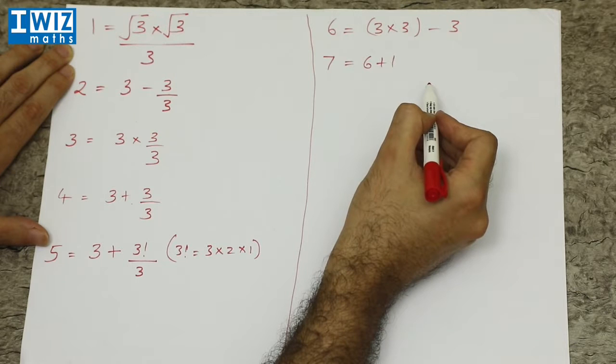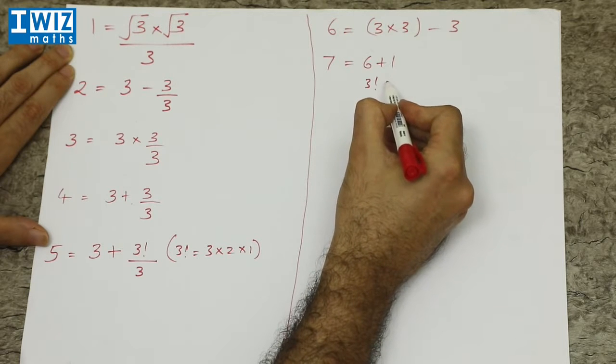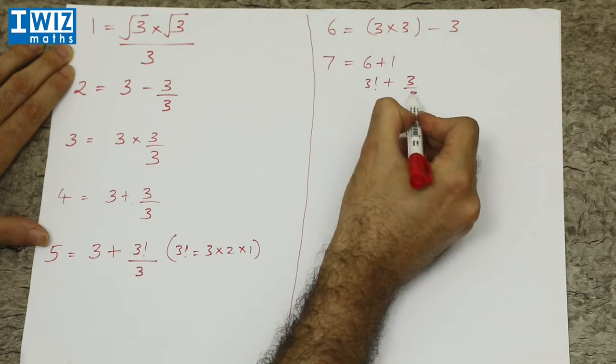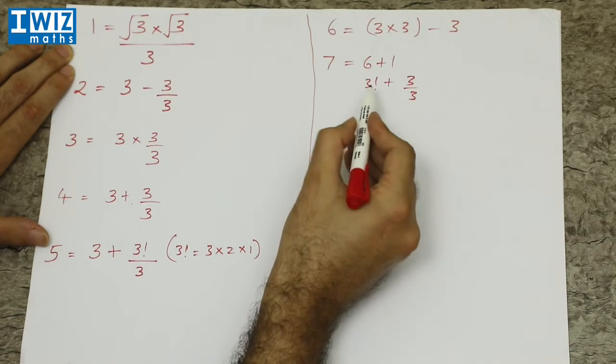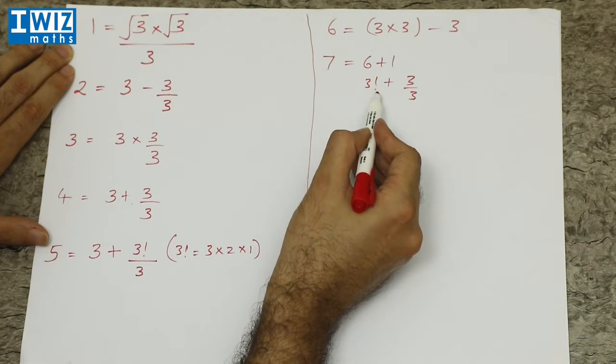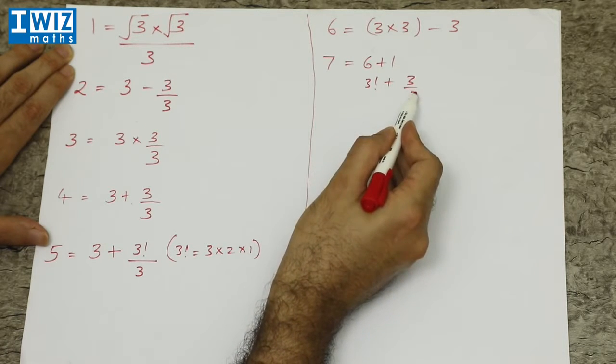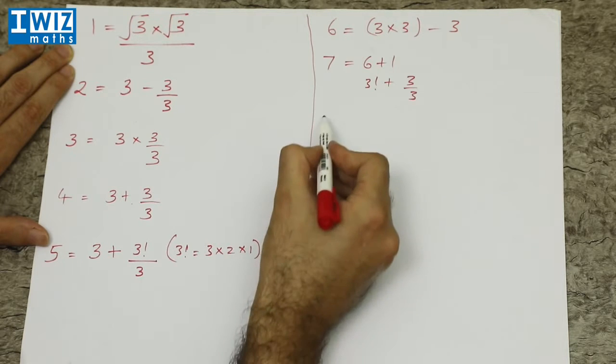So 6 can be obtained by 3 factorial. So that is 3 factorial plus 3 divided by 3. So recall that 3 factorial is just 3 times 2 times 1. So that is 6 plus 3 divided by 3 is 1. So that is 6 plus 1 is equal to 7.